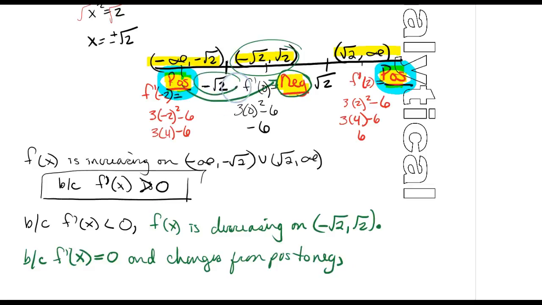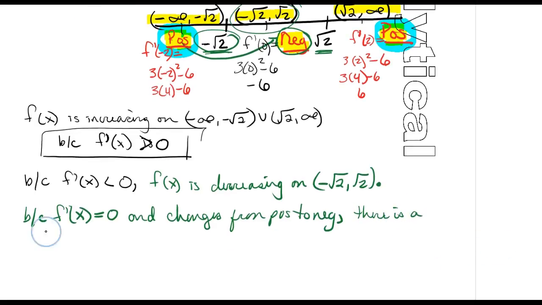It changes across this critical point. Remember, these critical numbers were my values where the derivative equaled 0. So there is a relative maximum at x equals negative radical 2.